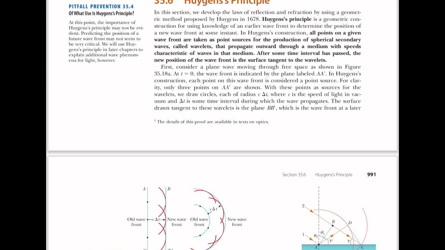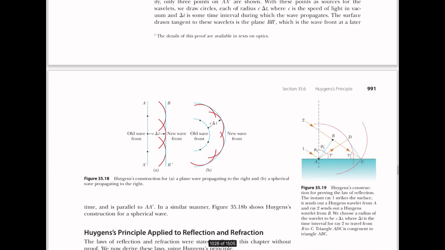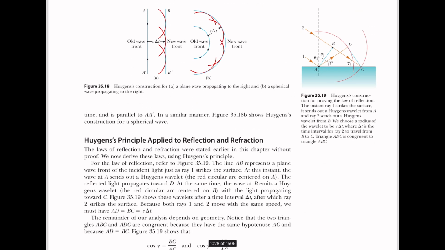With these points as sources for the wavelets, we draw circles, each of radius c delta t, where c is the speed of light in vacuum and delta t is some time interval during which the wave propagates. The surface drawn tangent to these wavelets is plane B prime, which is the wavefront at a later time and is parallel to A prime. In a similar manner, figure 35.18b shows Huygens' construction for a spherical wave.